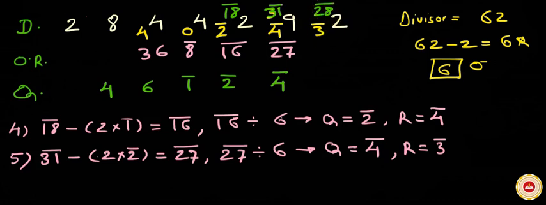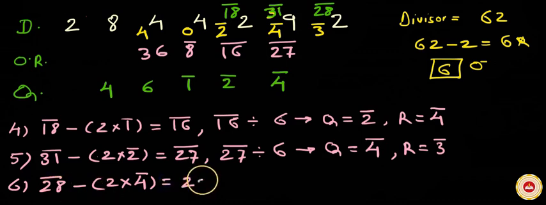So let us use this minus 28 to calculate the last osculation result. So minus 28 minus 2 times the last quotient digit, which is negative 4, which is equal to minus 20. This minus 20 is the last osculation result.